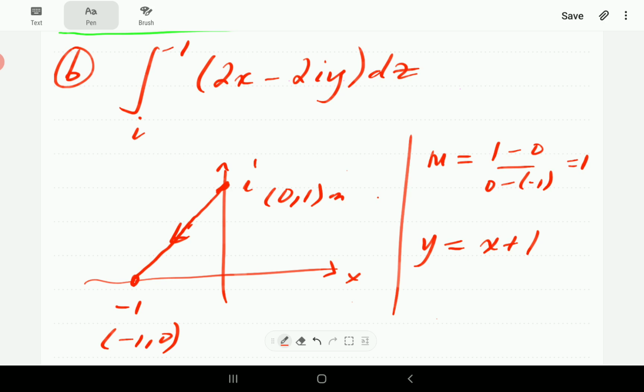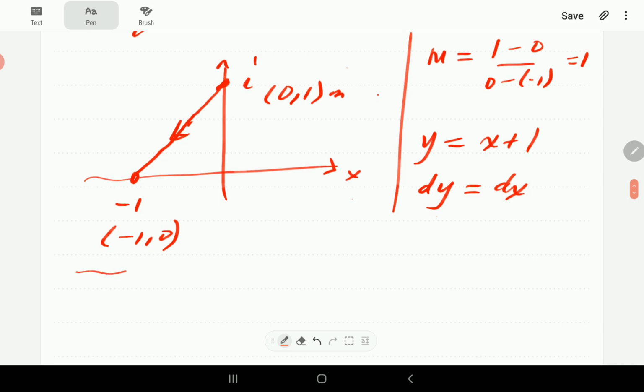So we can opt to rewrite everything in this integral in terms of x, including the limits. The y we can already write in terms of x. Then there's going to be dy. If y is x plus 1, dy is going to be dx.